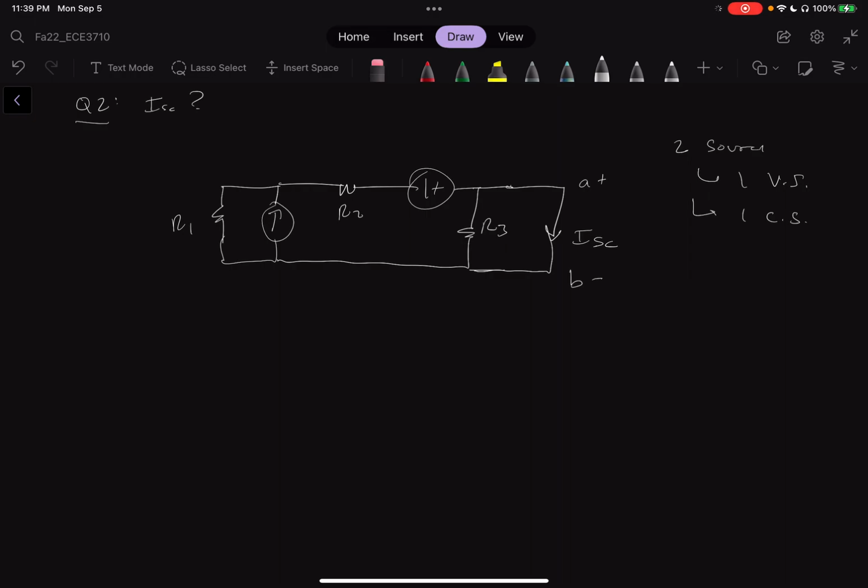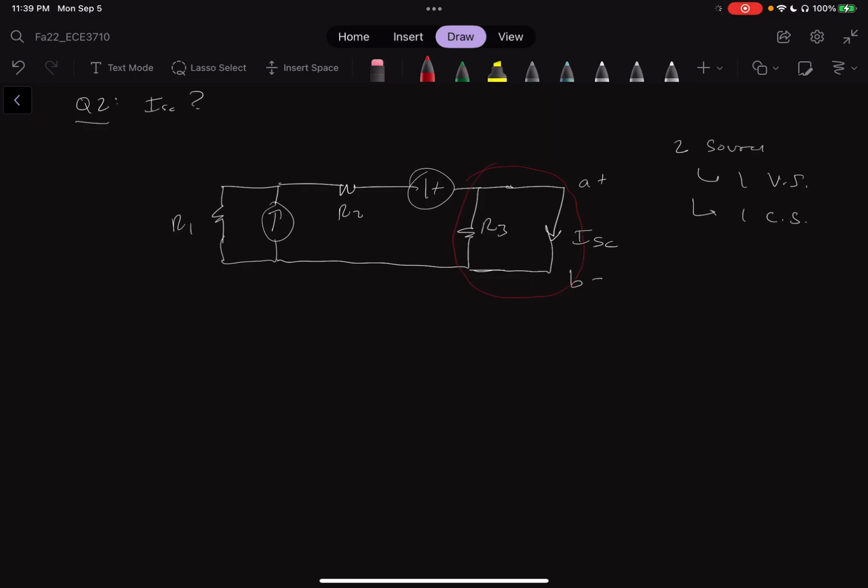This is an opinion, okay? But I don't like working with current sources, and I don't like mesh analysis. I do not. So that being said, I will be thinking and brainstorming to avoid working with current sources and avoid working with mesh analysis. First, can I simplify this circuit? Yes.